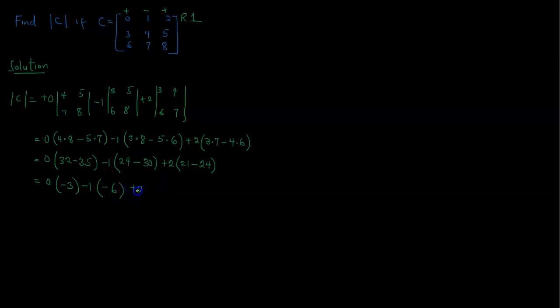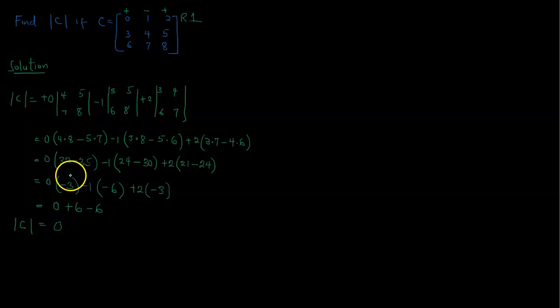Then positive 2. 21 minus 24 is a negative 3. So we've got 0 times negative 3, that's 0. Negative 1 times negative 6 is positive 6. 2 times negative 3 is negative 6. So we can see that the determinant of this matrix C is 0 plus 6 minus 6, and that's 0.